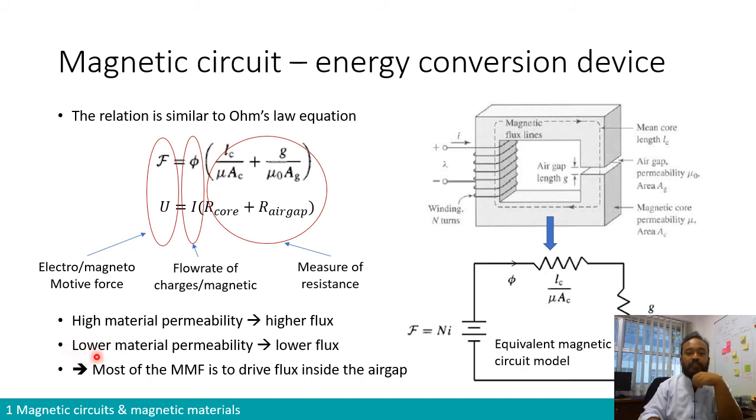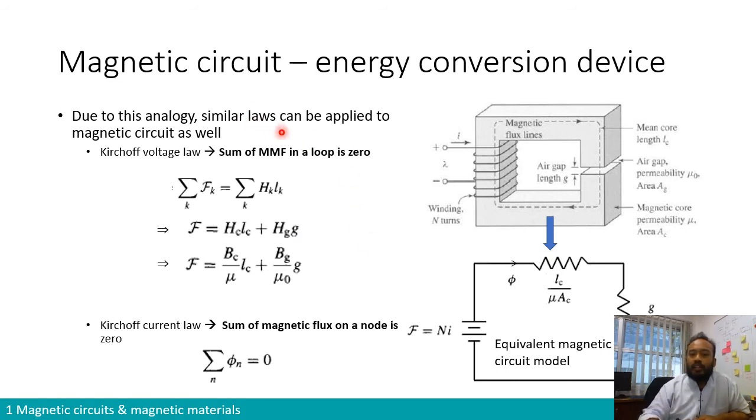In opposite, if you have a lower material permeability, then you will have a lower magnetic flux available to circulate in your magnetic circuit, right? Most of the MMF, if we look at the circuit, knowing that it is the reluctance of the air gap that is important, most of the MMF N I that we have over here is basically used to drive the flux past the air gap.